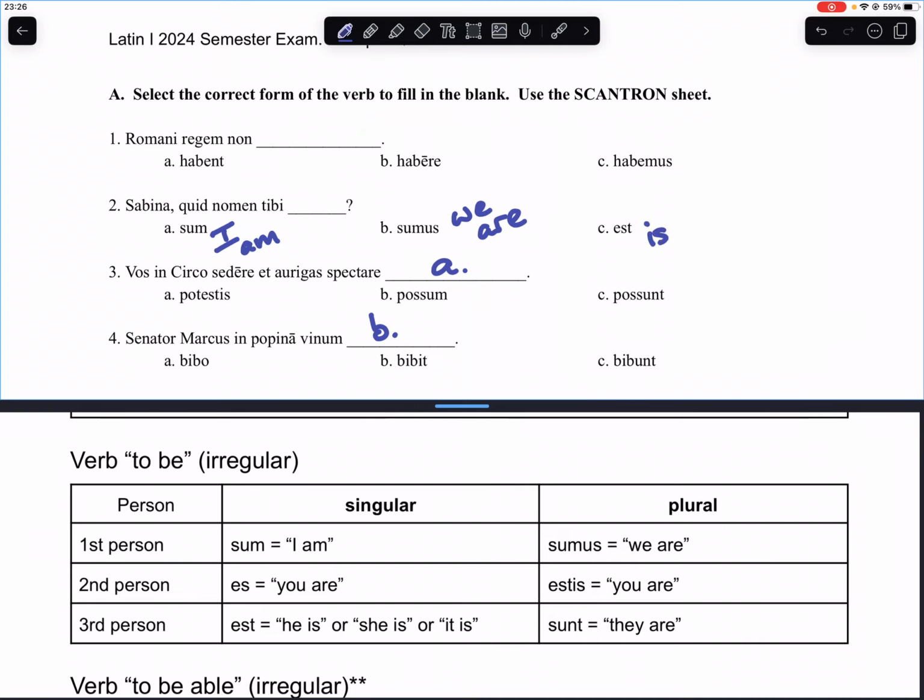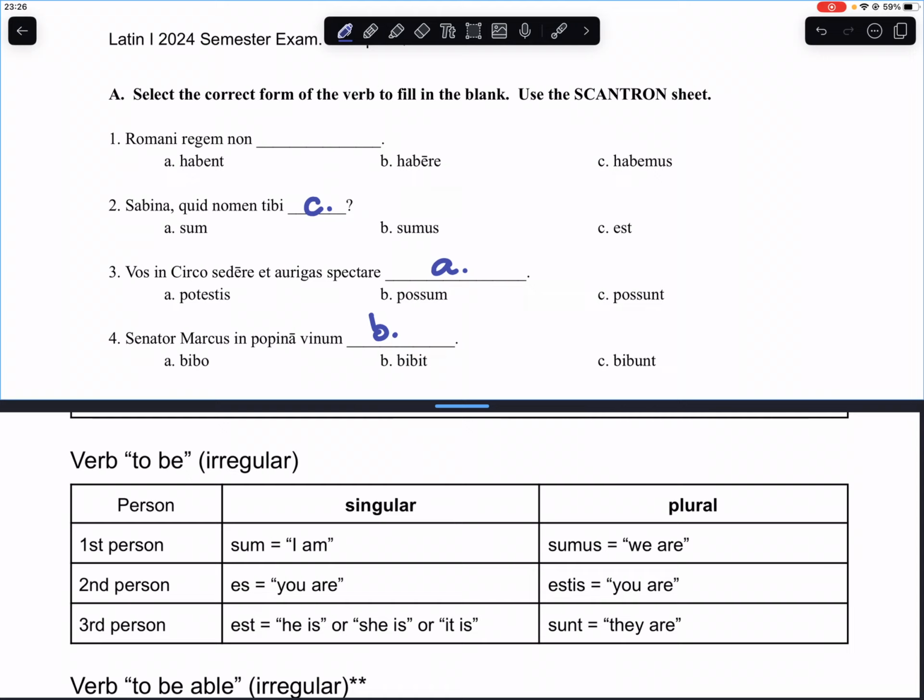So quid nomen, quid means what, nomen means name, tibi means your, and the answer is, I hope you already guessed it, letter C, est, right? Quid nomen tibi est. What is your name?